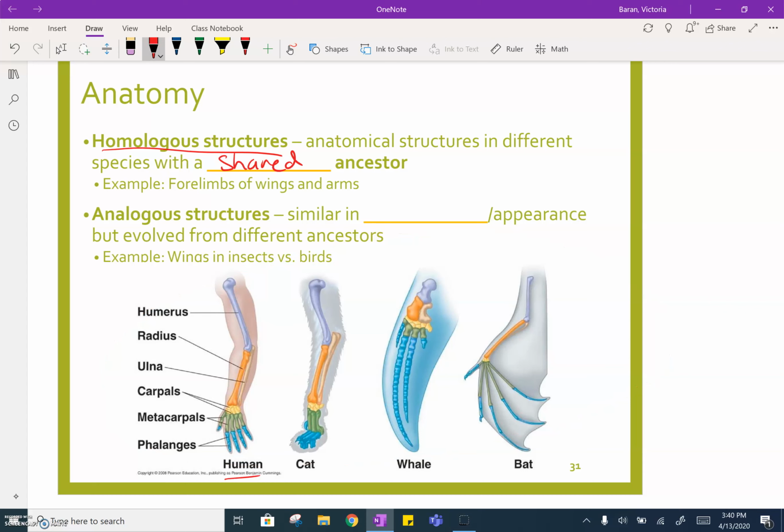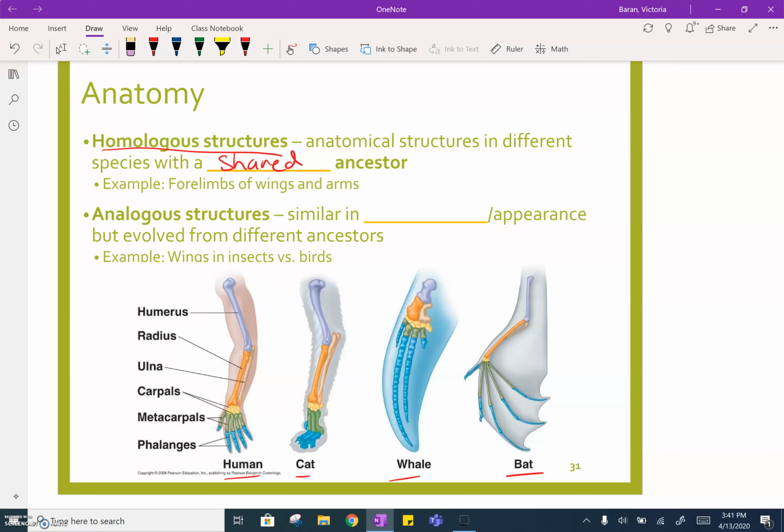So you can see we have a human, cat, whale, and bat, all completely different species. However, you can see how the same bone, the humerus, the radius, ulna, carpals, metacarpals, and phalanges, this is basically your fingers, how that bone has changed in each organism depending on how they have had to adapt to their environment.